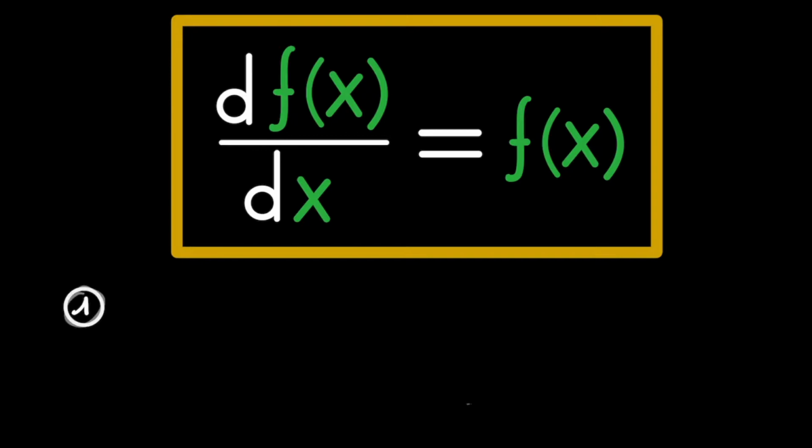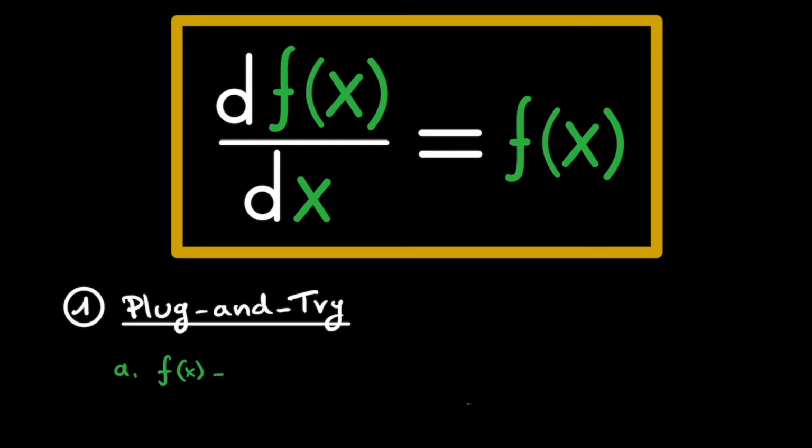Now, there are two ways of solving this differential equation, or finding this specific function. The first one is just to plug and try. Just think of functions that we know off the top of our head, calculate the derivative, and see whether it's equal to the function itself. The first function that we can think of is the easiest function we can imagine, namely the constant function, where f(x) is just a constant number.